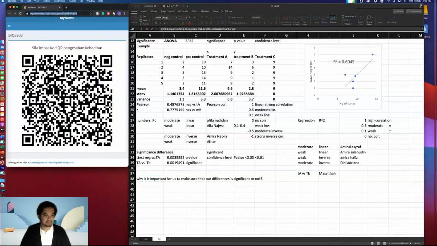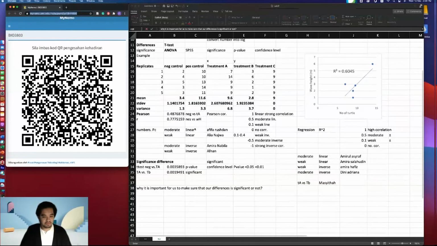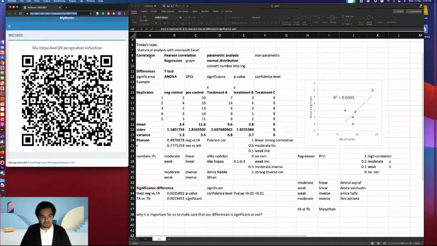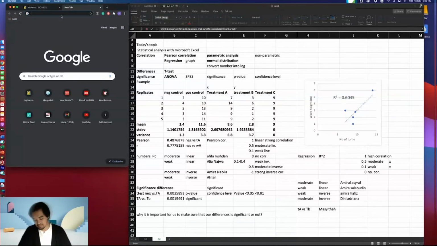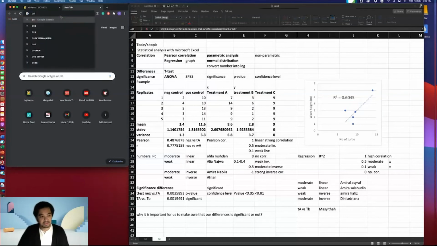For your information, all these analyses, Pearson correlation, regression, T-test, ANOVA, fall under what we call in statistics parametric analysis. In parametric analysis, we know that our sample falls under normal distribution.